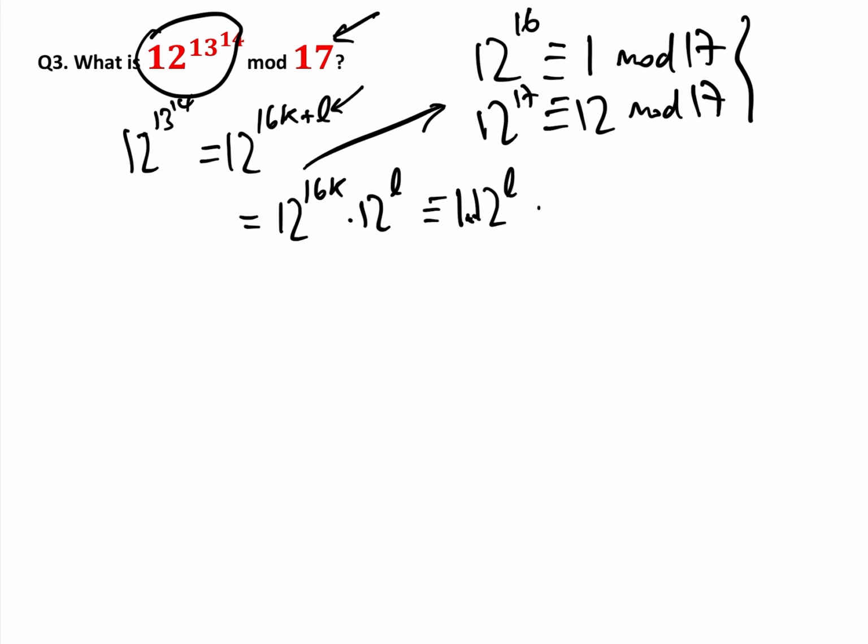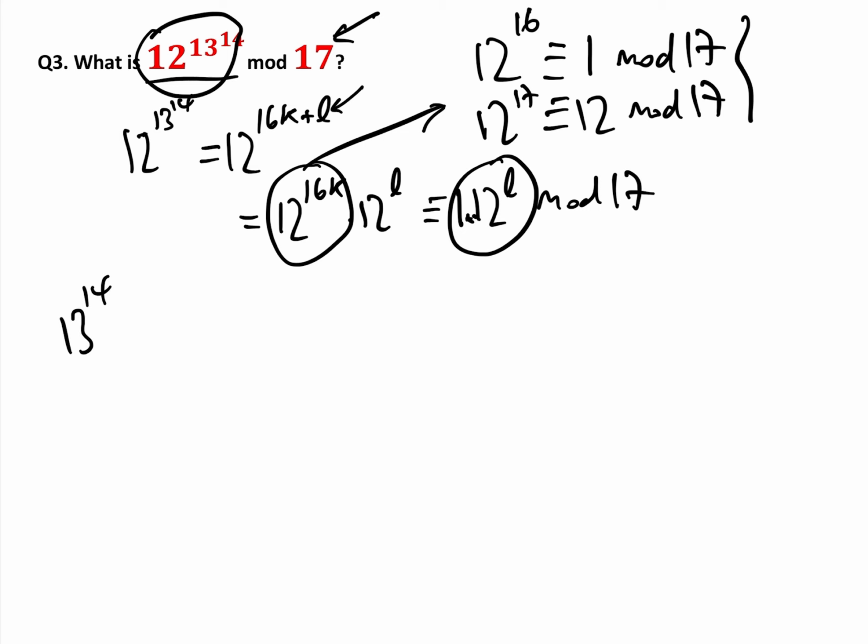Well, 12 to the 16k mod 17 by Fermat's little theorem is 1. And 12 to the power of L is far, far easier to deal with than 12 to the power of 13 to the power of 14.